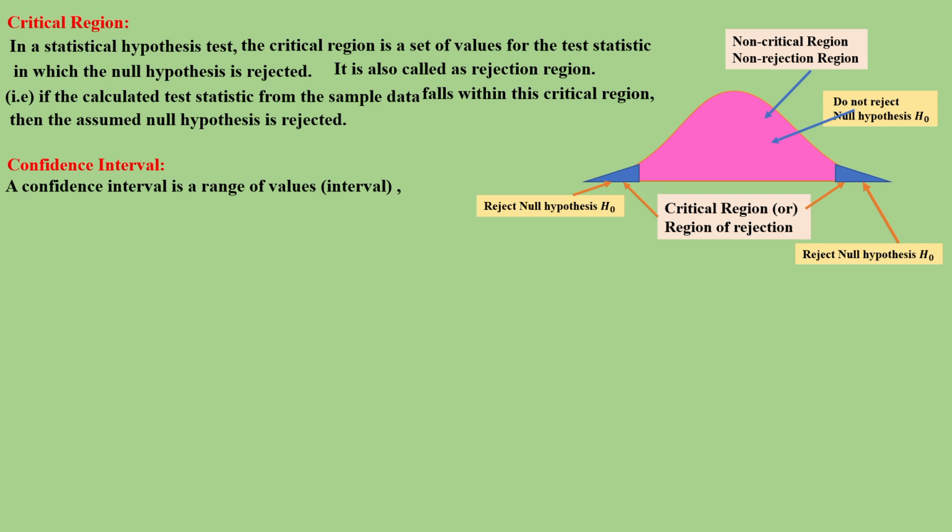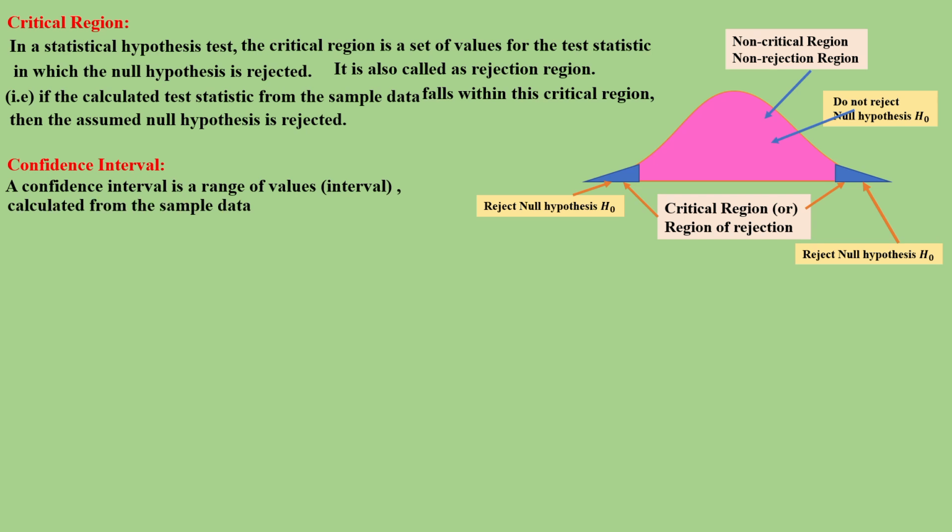That is the confidence to accept the population parameter, which we calculate from the sample parameter. So whether we can confidently accept that parameter, for that we find the confidence interval. If it is inside that interval, then you can accept.